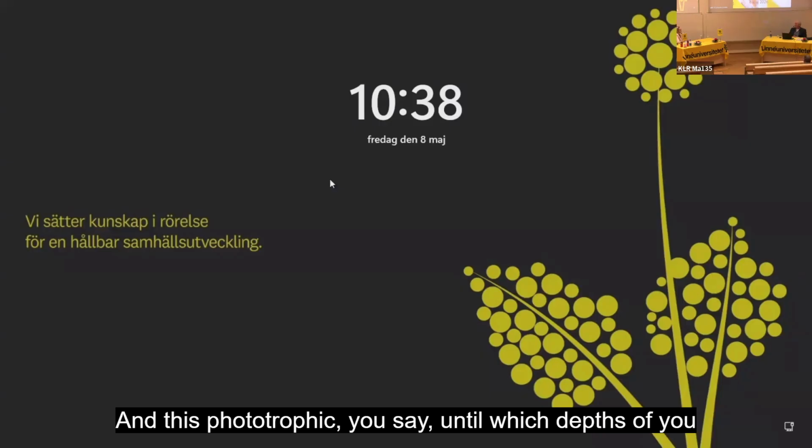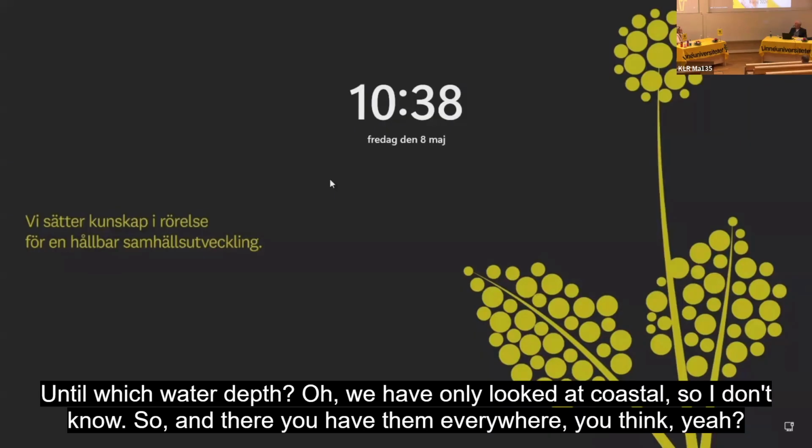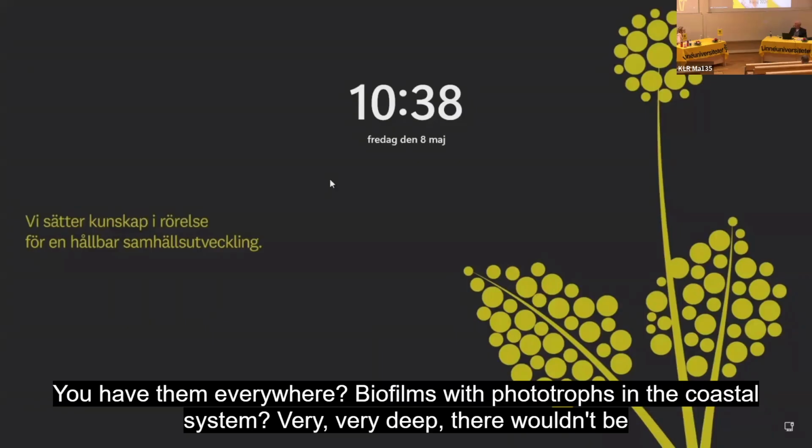Yeah. And this phototrophic, you say, until which depths do you find these phototrophic biofilms in the Baltic Sea? Until which water depth? Oh, we have only looked at coastal, so I don't know. So there you have them everywhere, you think? Biofilms with phototrophs in the coastal system? Very, very deep.